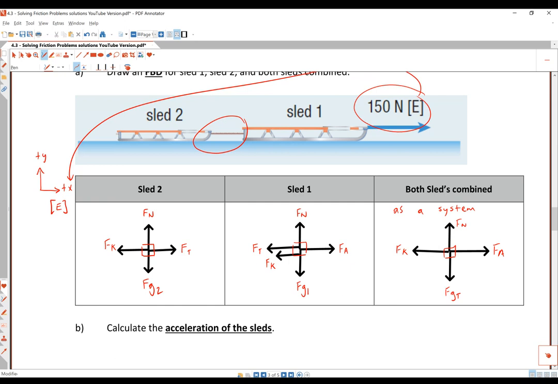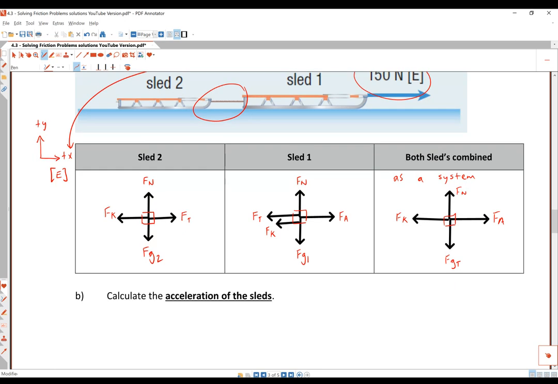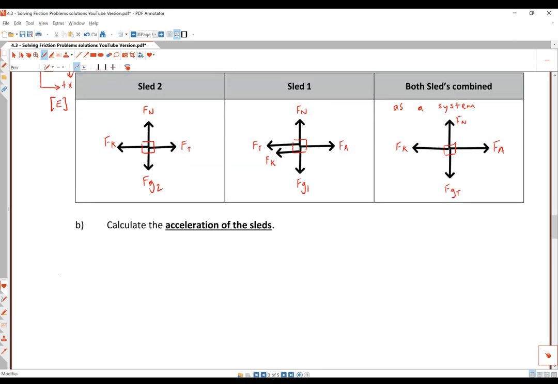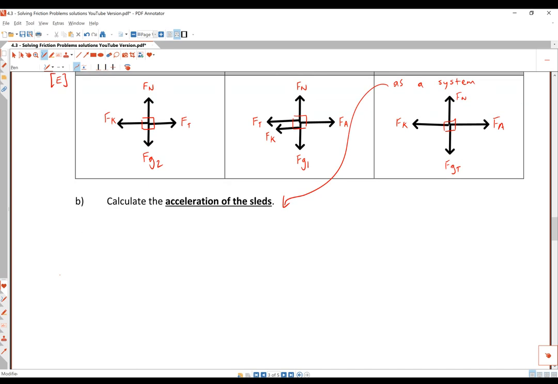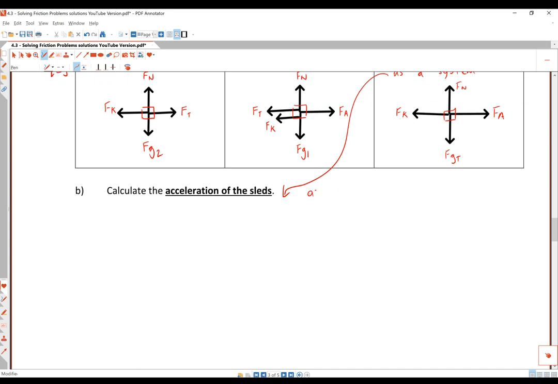Now, as you can see in this free body diagram, we're ignoring the tension that's just connecting the two objects together. This is just both sleds combined. So moving forward, we're going to calculate the acceleration of the sleds as a system.